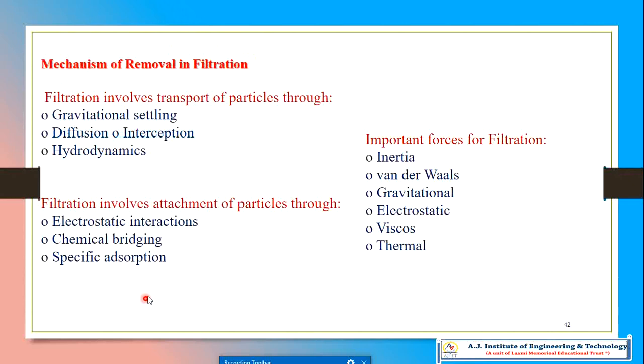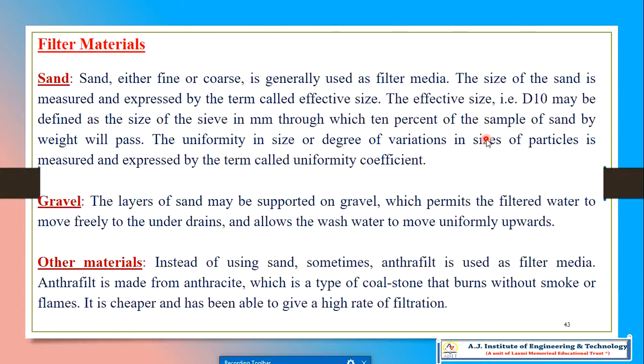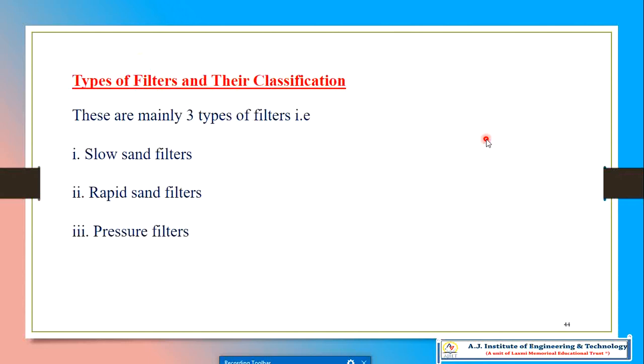As well as the mechanism of removal in filtration: filtration involves transport of the particle under the following categories, and attachment of the particle under these categories, and some of the forces acting in filtration, and the materials used as filter material.